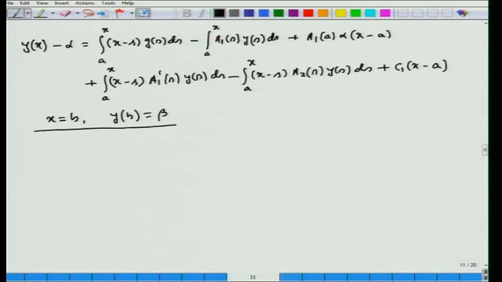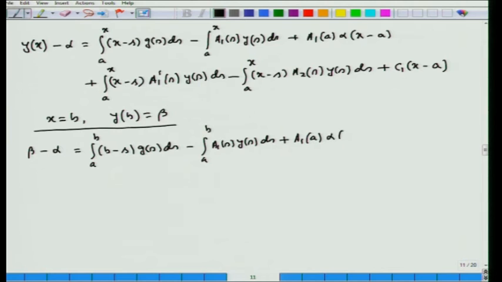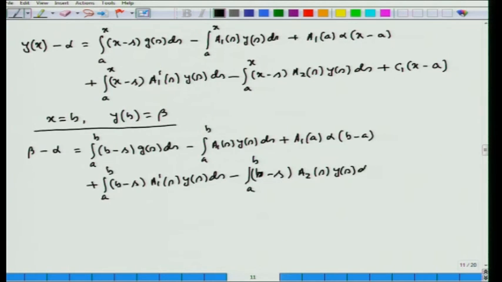So, using this substitution into this integral we will be having beta minus alpha equal to integral a to b, b minus s, g s ds minus integral a to b a 1 s y s ds plus a 1 a alpha times b minus a plus integral a to b, b minus s a 1 dashed s y s ds minus integral a to b, b minus s a 2 s y s ds plus c 1 times b minus a.